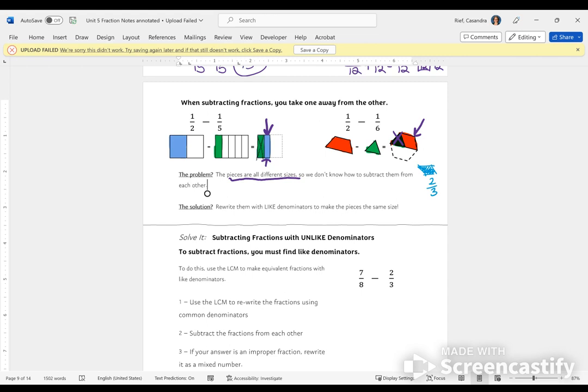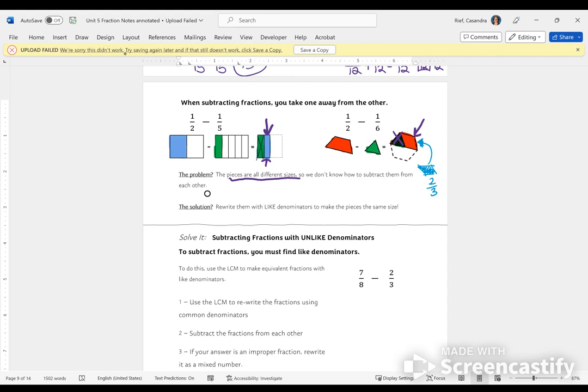So if I use my pattern blocks, I can make some guesses on what I think it's worth based on what the pattern block pieces look like. And that's really handy for some fractions. But it wouldn't have worked with my original question of 1/2 minus 1/5 because there are no pattern blocks that are worth 1/5.